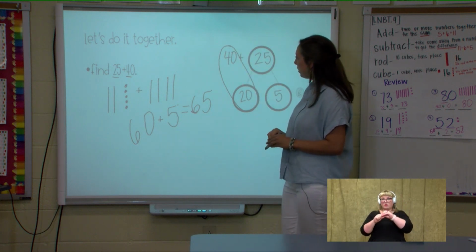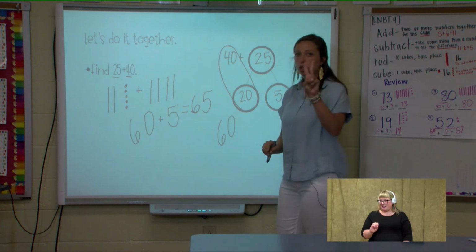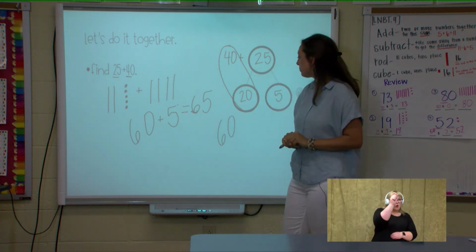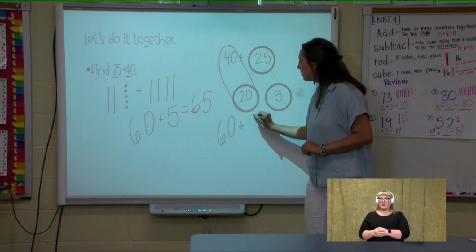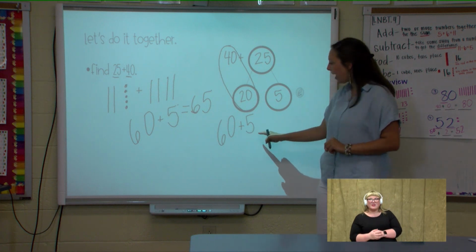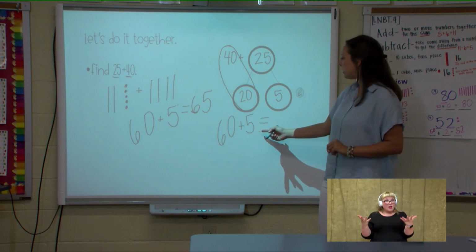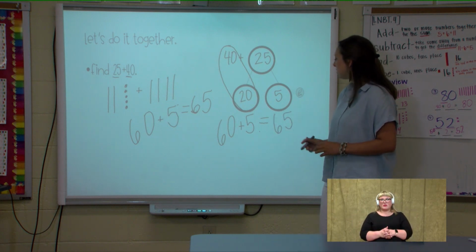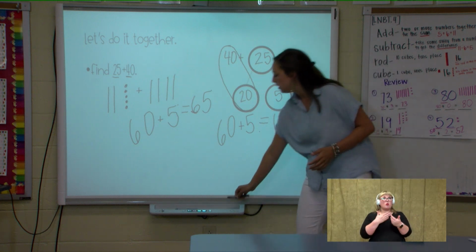We know that would give us 60 because 2 rods plus 4 rods equals 60. And then we cannot leave out our ones, which is a 5. So 60 plus 5 gives us 65 for our sum. Stick with whichever way you like best.